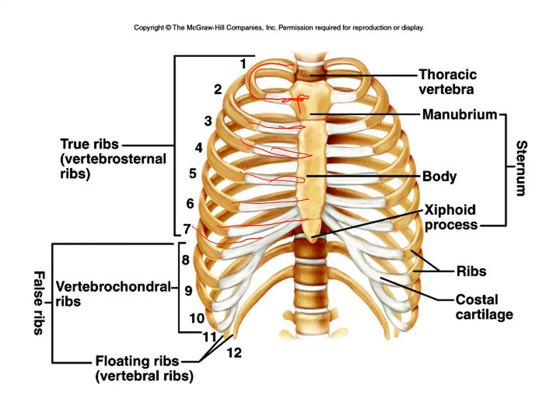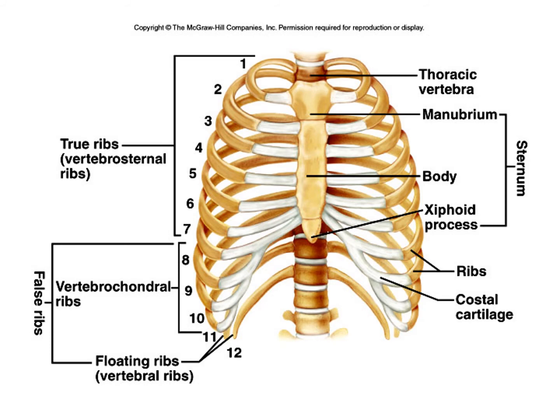Okay, even rib number 7 directly lines up with the sternum. Right? So vertebrosternal ribs, they articulate on one side with the vertebra, and they articulate on the other side and line up directly with the sternum. In the case of vertebrochondral ribs, they still attach to the sternum.